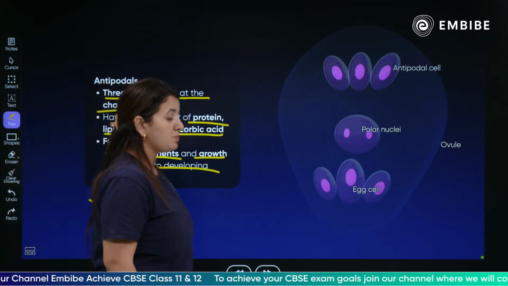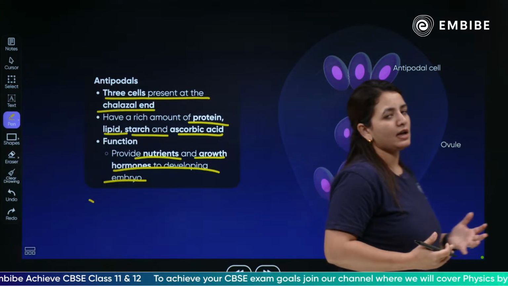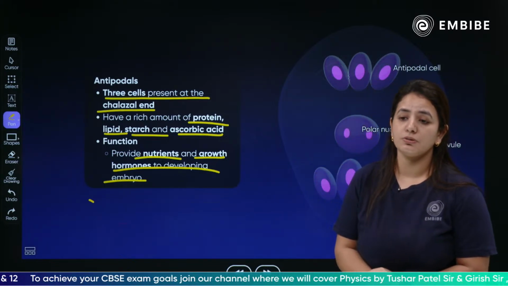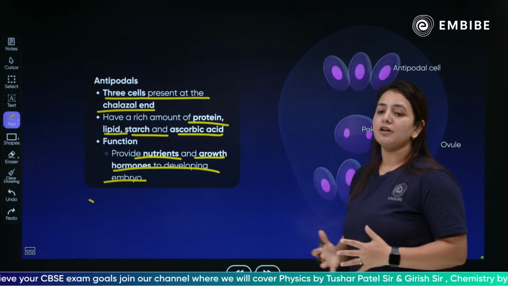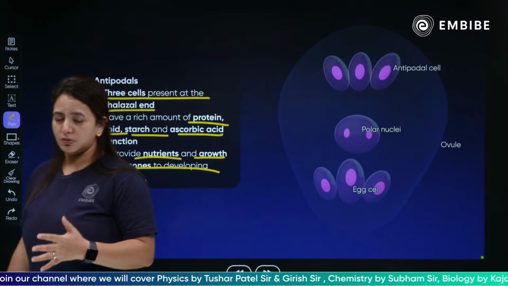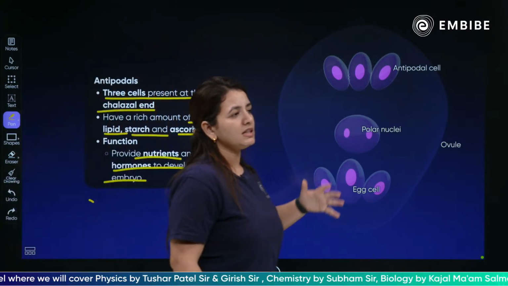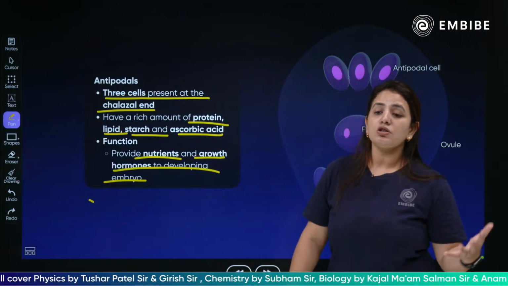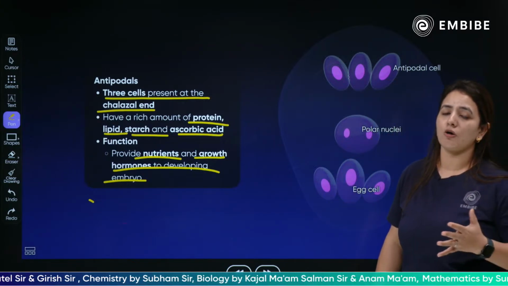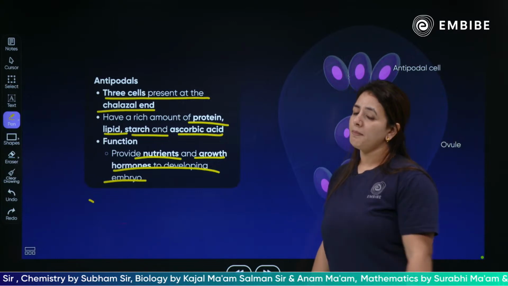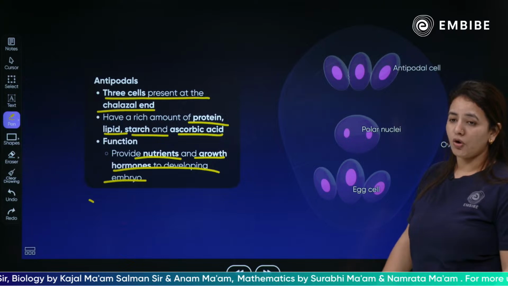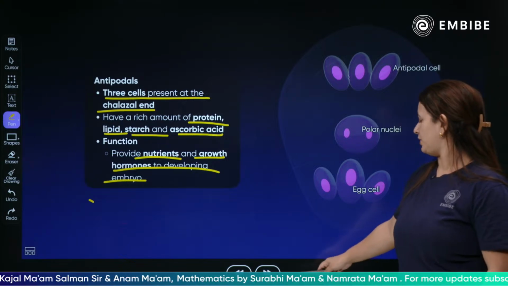So everything present inside the embryo sac is not a waste. Even these antipodal cells provide nourishment to the embryo sac. After the male gamete fuses with the egg cell and creates an embryo, the nourishment is also given by the antipodal cells, and they also have growth hormone for the developing embryo. So everything inside the megasporangium is absolutely important.